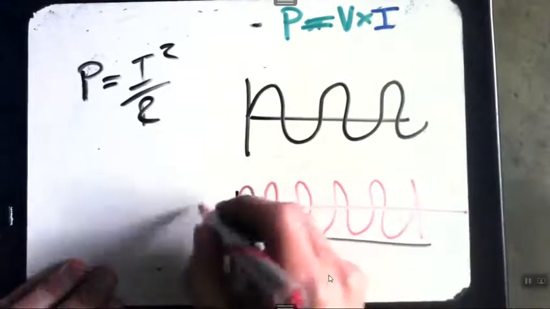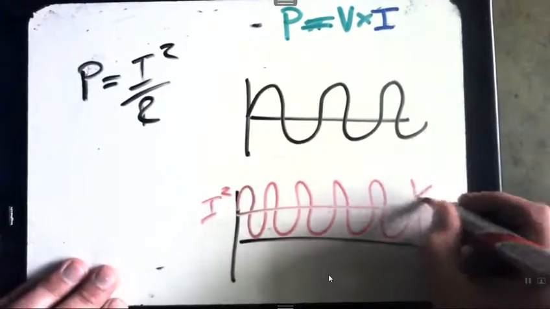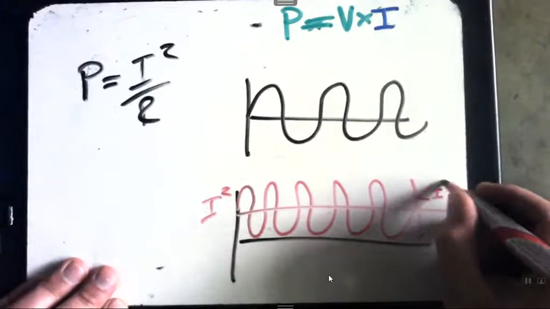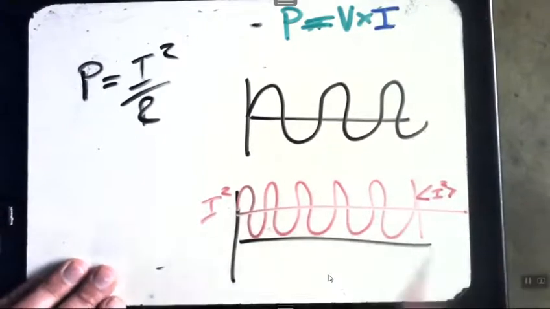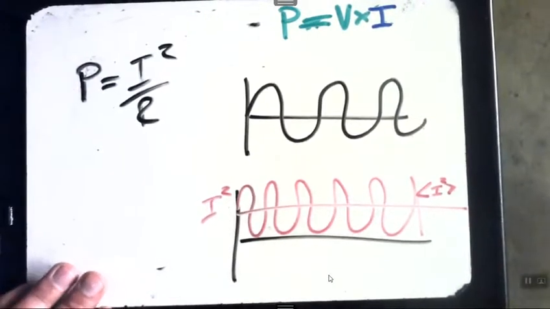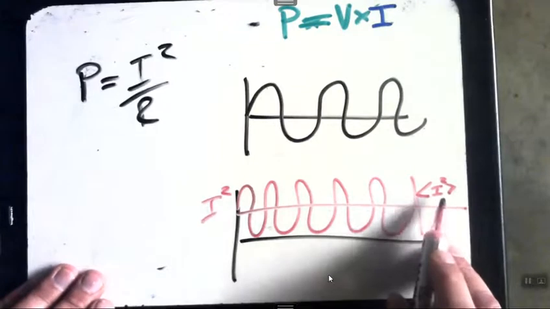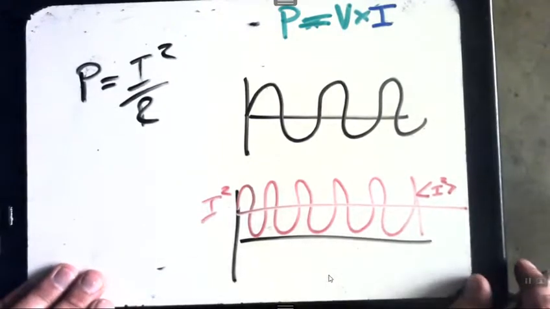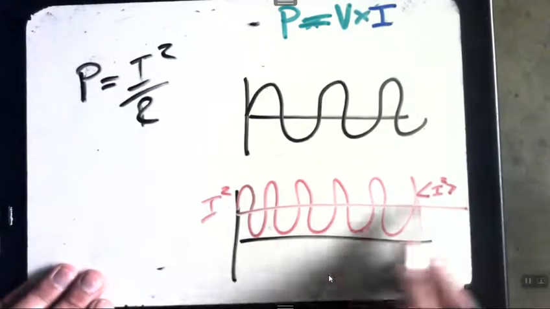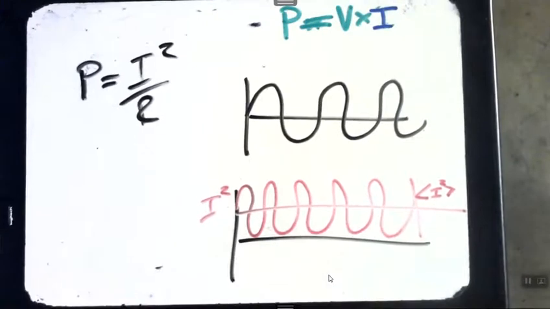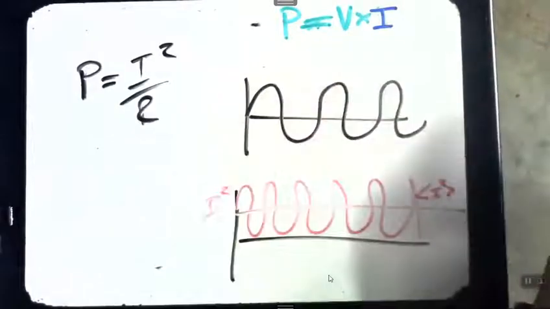So this is an I squared graph, and this we would say is the mean squared value. Now if I take the mean squared value, which is a positive value, and I do the same for the voltage, then I can go and calculate the power.